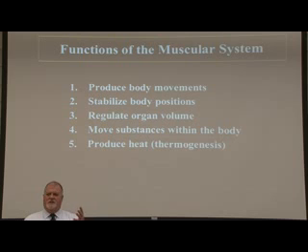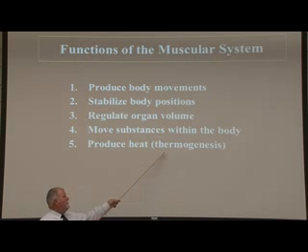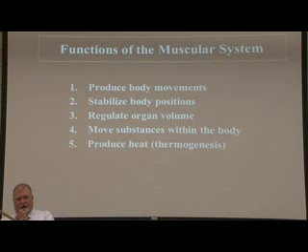And that waste energy is what we use to maintain body temperature. So muscle mass is critically important to thermoregulation. If you just look at a broad pattern of people, typically women get cold more easily than men because they have less muscle mass than men.